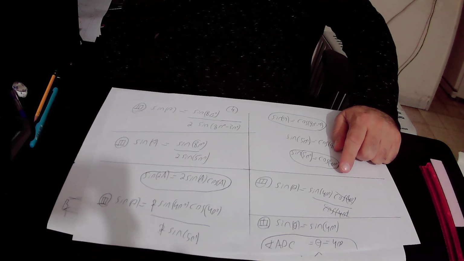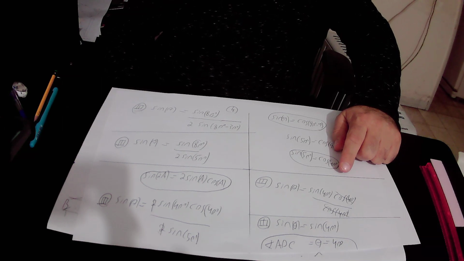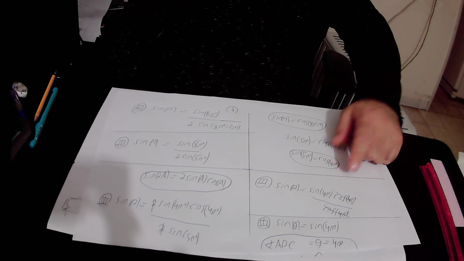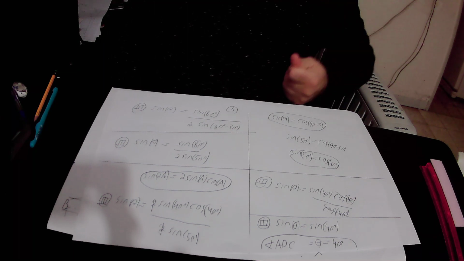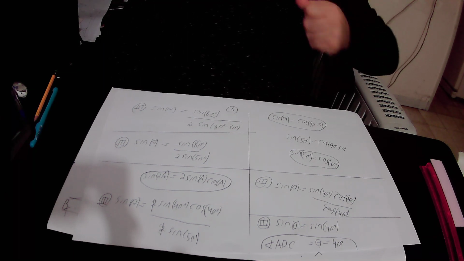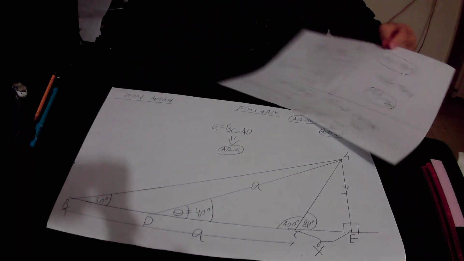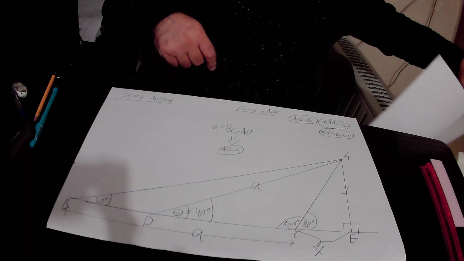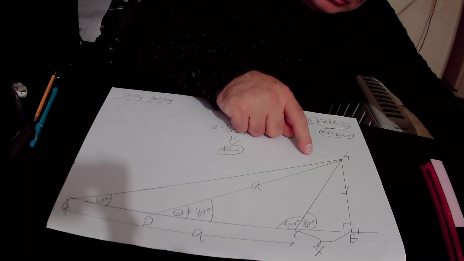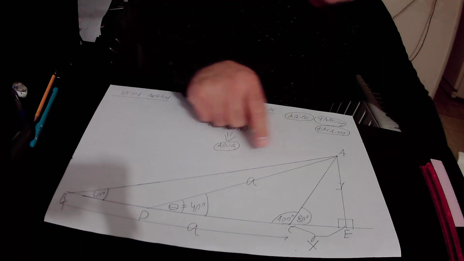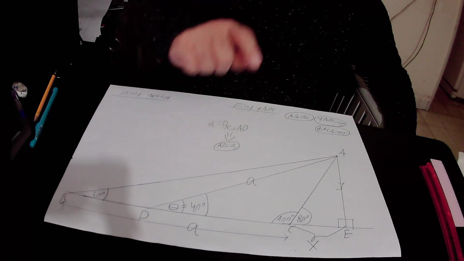If sine theta equals sine 40 degrees, it means that theta equals 40 degrees, and theta is actually angle ADC that equals 40 degrees. So in both methods, we found out that the angle that we are looking for, that is angle ADC, equals 40 degrees.